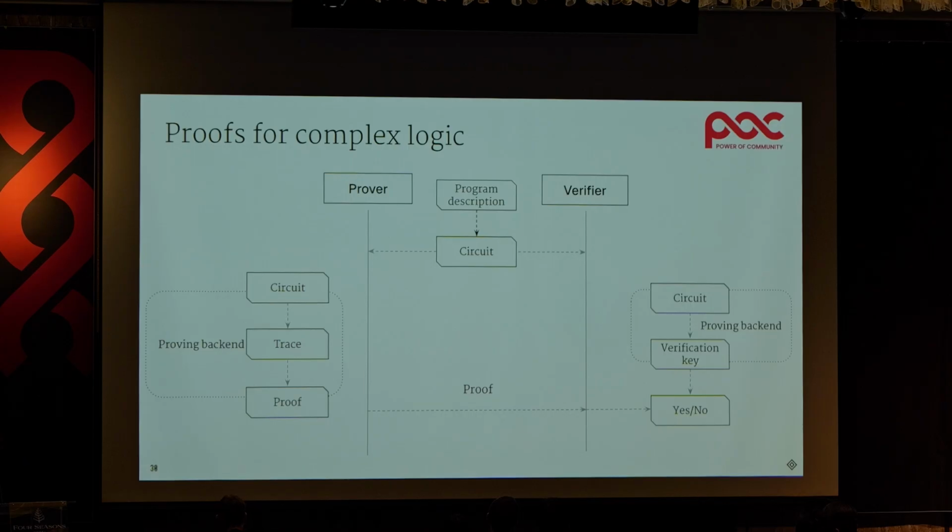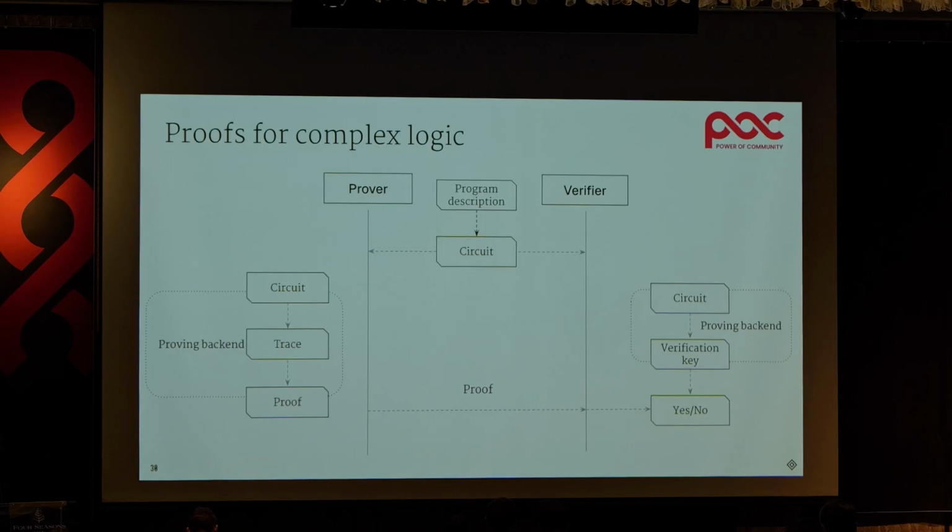The way the prover and verifier would work if we're talking about a ZK circuit is initially they have some sort of program description, and you can think about it as a regular standard program. We then convert that program description into a circuit description, which is more malleable and more friendly towards the cryptographic primitives which are used in ZK proofs. And then the prover will use that circuit to create a trace, which is some intermediate variables, and in the end create a proof with a proving backend.